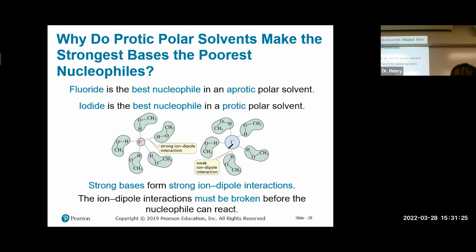Okay, so under aprotic conditions, they're going to behave opposite. Fluoride is going to be a better nucleophile. Under protic conditions, iodide is going to be a better nucleophile. Before it can actually give up its electrons, it first has to disrupt those interactions, and it's going to be easier to disrupt those interactions in this case compared to this case.